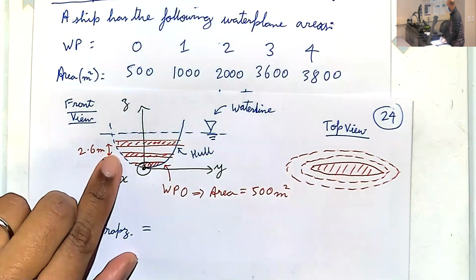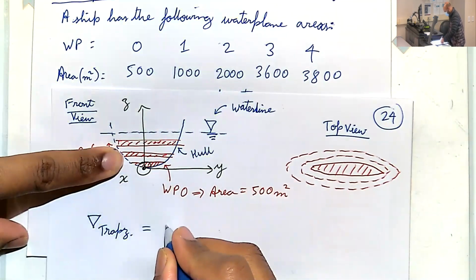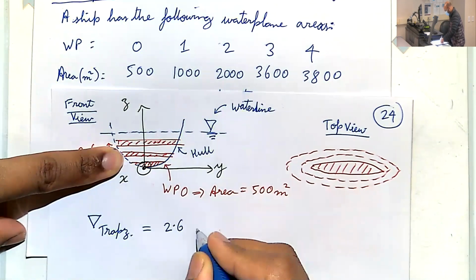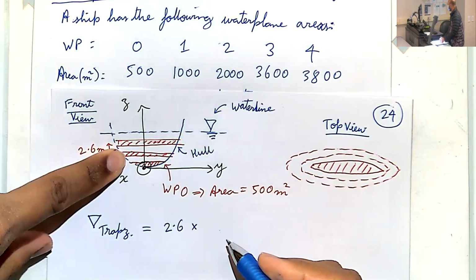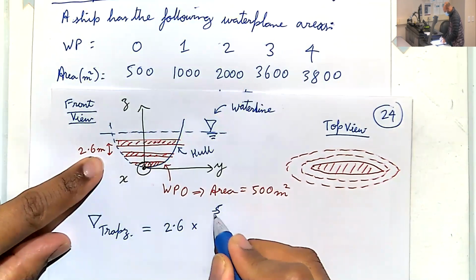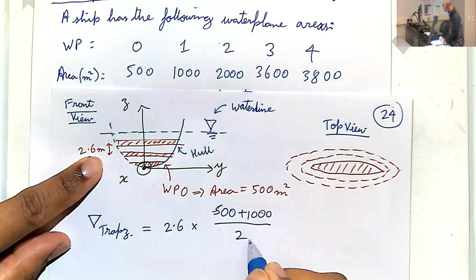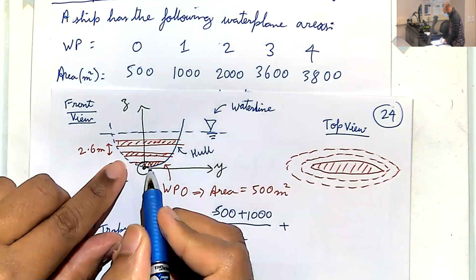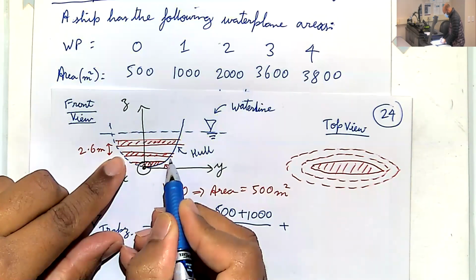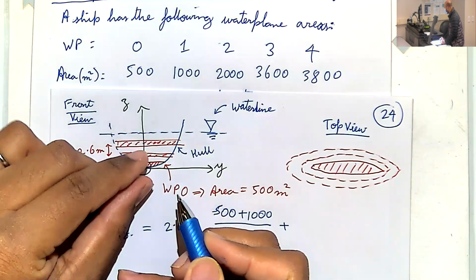The distance between the first 2 planes is 2.6. And we take the average area of the top and the bottom. So 500 plus 1,000 over 2. Okay? That takes care of the very first 3D block, which of course comes out of the plane.